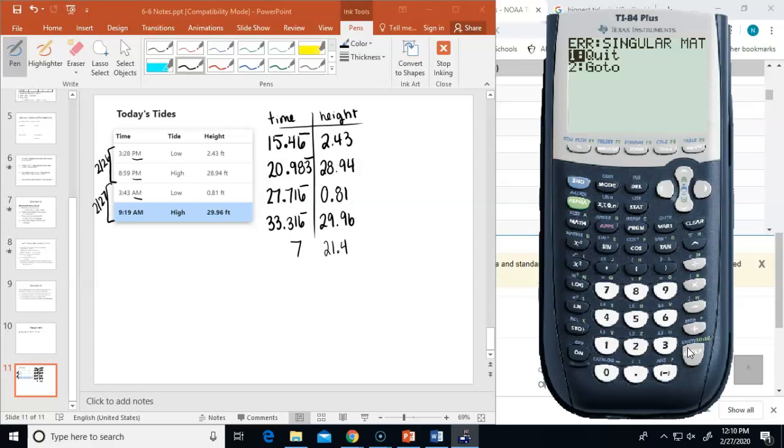Did yours work, Casey? Yeah, bring it up here. This is a train wreck, isn't it? Alright. Sure enough, it did. Stat, edit. This looks just like mine.